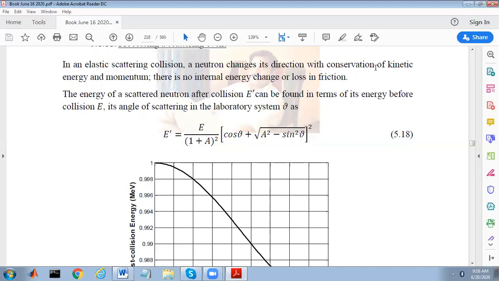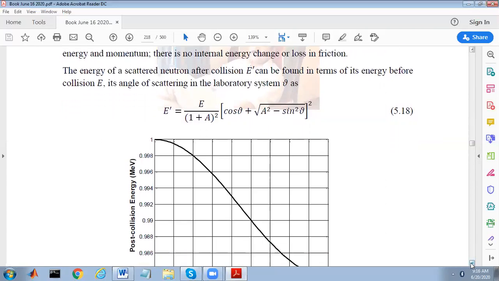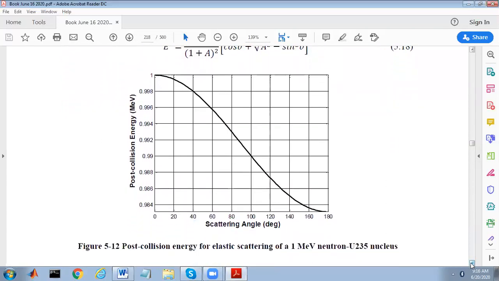In elastic scattering, this statement is correct, that it's conservation of kinetic energy, so there's no internal energy change or loss in friction. The energy of the neutron after the collision is going to be E prime, and E prime is related to the energy before the collision E through this equation 5.18 in terms of this theta, which is the angle of scattering.